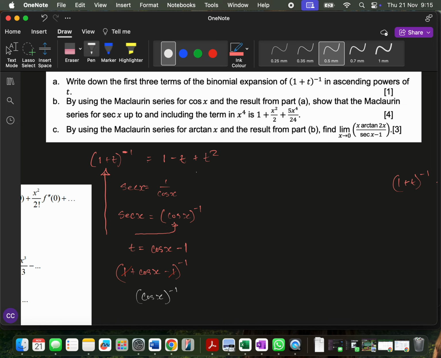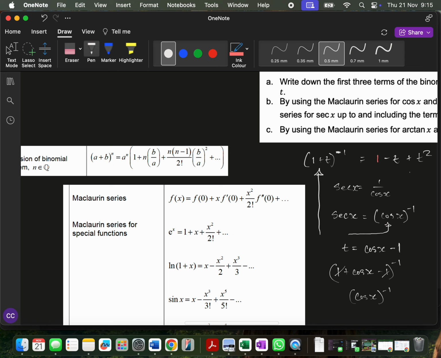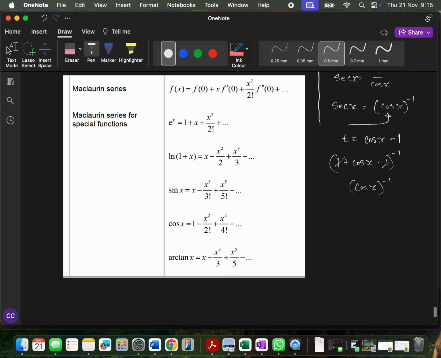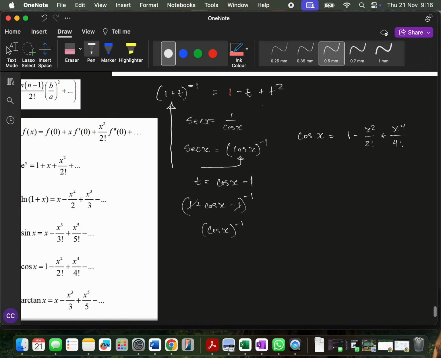Okay, so now I'm going to find my cosine, and cosine of x as a Maclaurin series is 1 minus x squared over 2 factorial plus x to the 4th over 4 factorial.